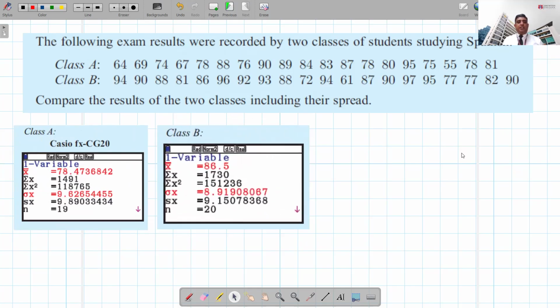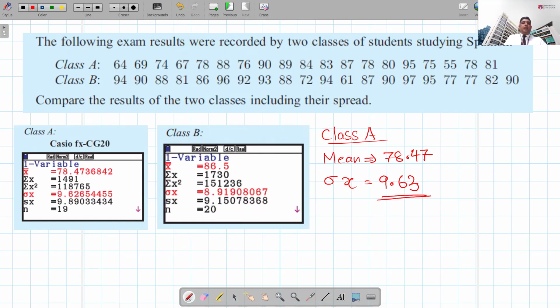So here are the interpretations for class A. Mean score is 78.47, and the standard deviation is 9.6263.